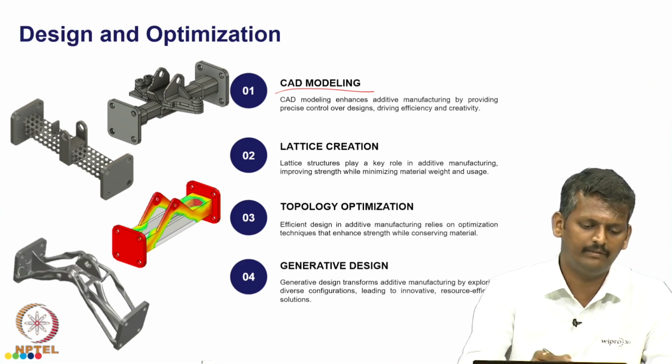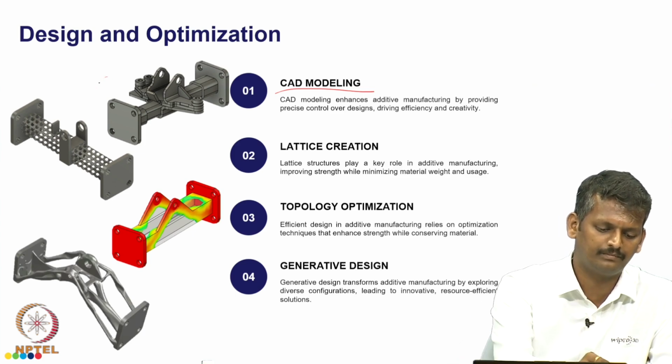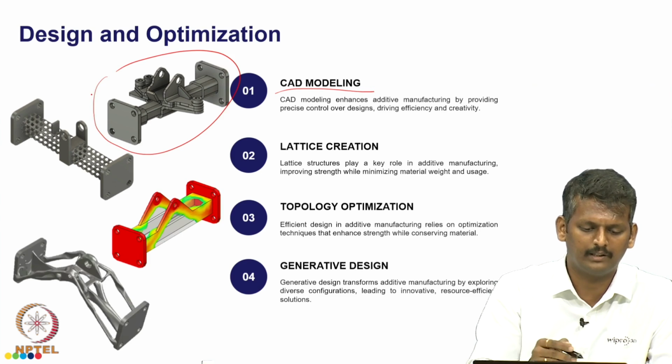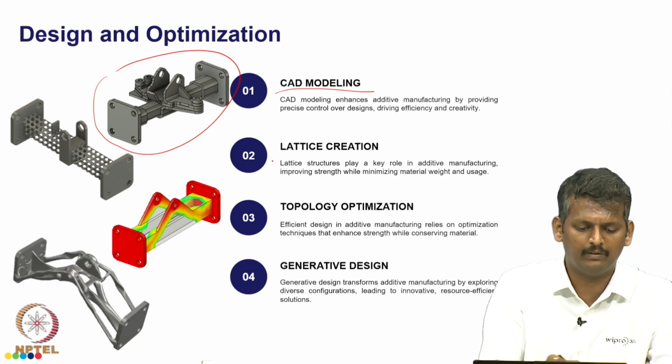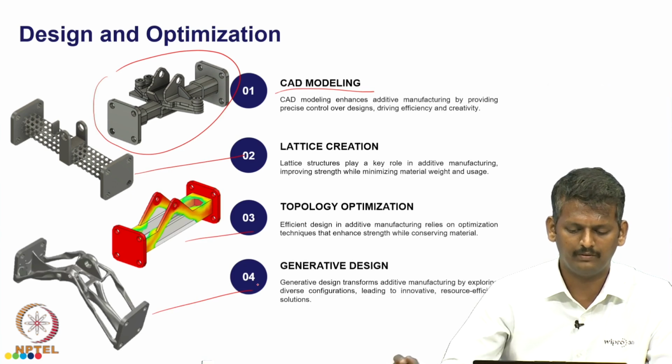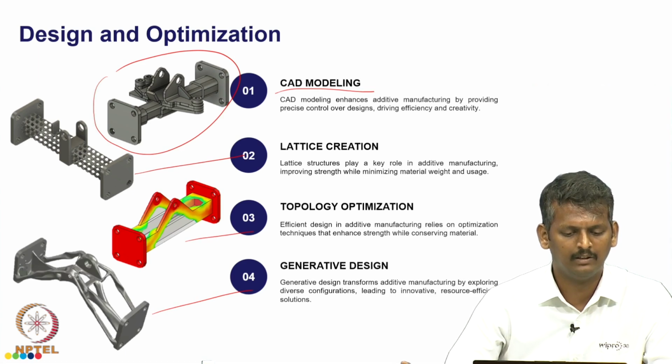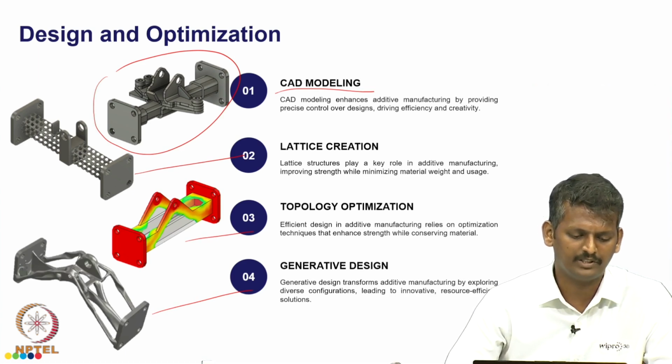Here on the left side we have 4 different designs. The first one is connected with CAD modeling, the second one with lattice creation, the third one with topology optimization, and the fourth one with generative design. The same particular design, you can see, has multiple variations. The first one is a conventionally made design.